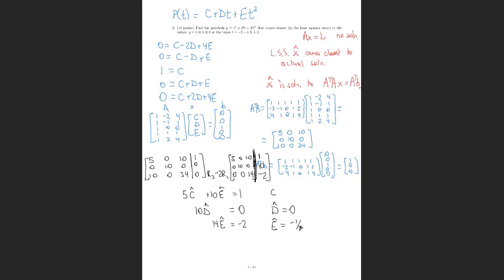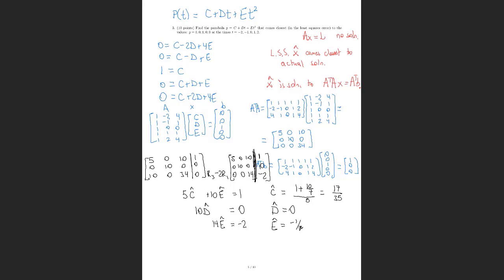And then C hat, solving for C now, would be 1 minus 10 E hat, and then all over 5. 17 over 7. So 17 over 35.